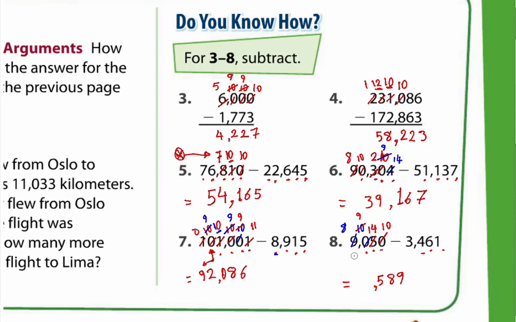Now to the thousands. 8 minus 3 is 5. Good.